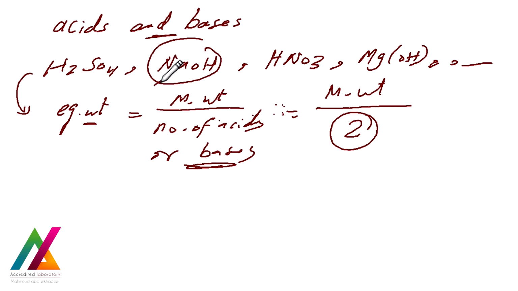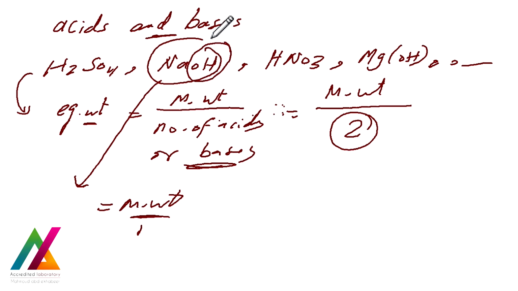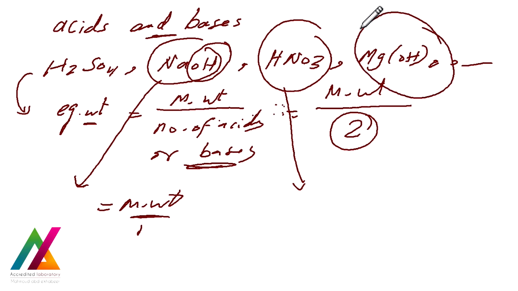For sodium hydroxide, the equivalent weight will be equal to molecular weight divided by 1, so it equals the molecular weight. For magnesium hydroxide, the equivalent weight will be equal to molecular weight divided by 2, the number of hydroxide atoms.